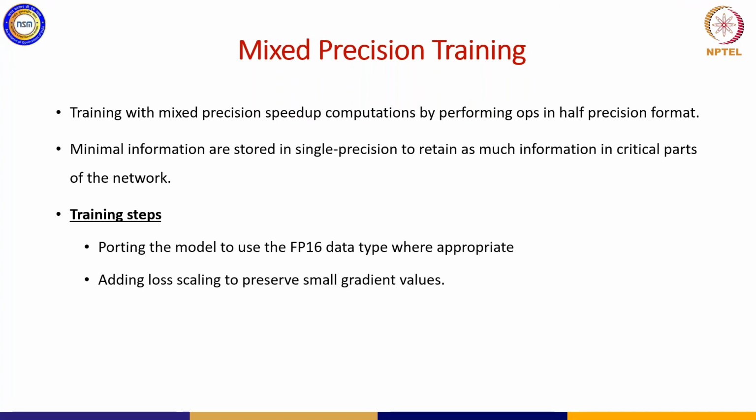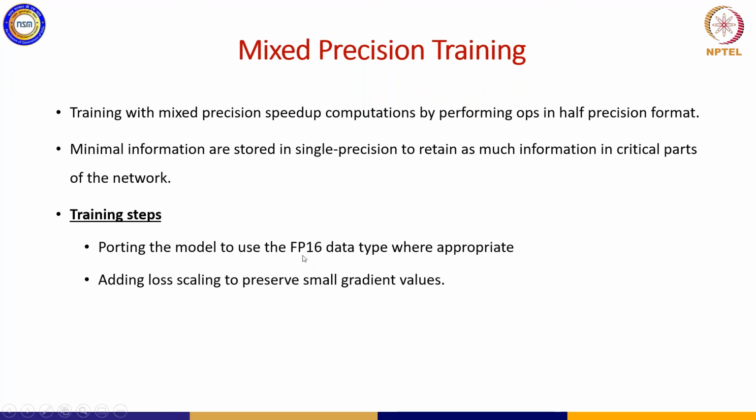That is, it performs those operations using float 16, the FP16, and then the minimal information is stored in FP32, which is the single precision. So the process is that you are using both FP16 and FP32 as well. During the training, the steps you need to take are, first, you need to port your model to use the FP16 data type where it is appropriate.